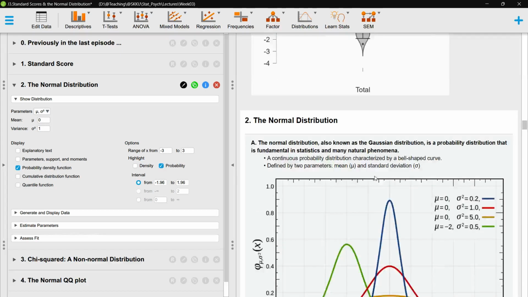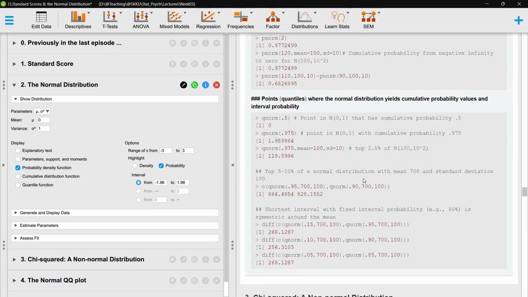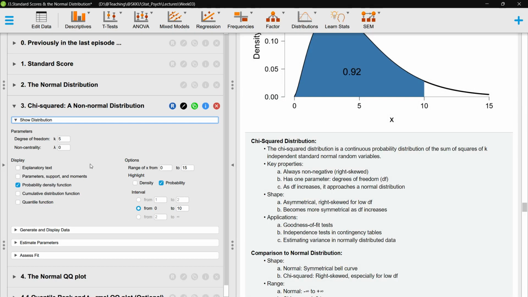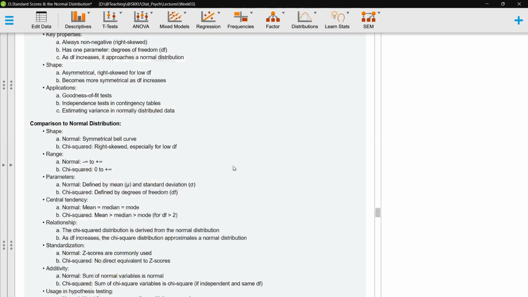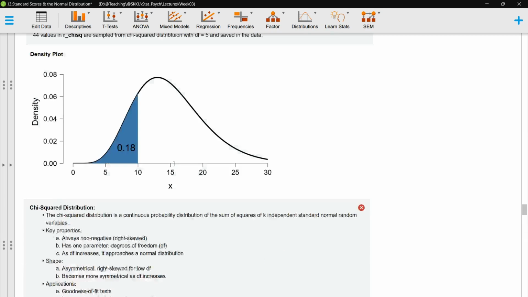Let's look at that part. Here we have the degrees of freedom of 5. What if we use 15 instead of 5, and then 30 like this one? It looks more like the normal, right? It approaches the shape of the normal distribution.